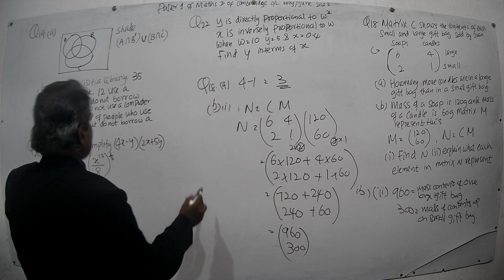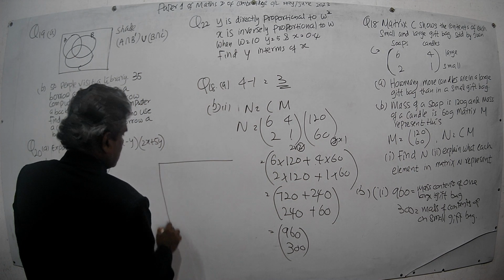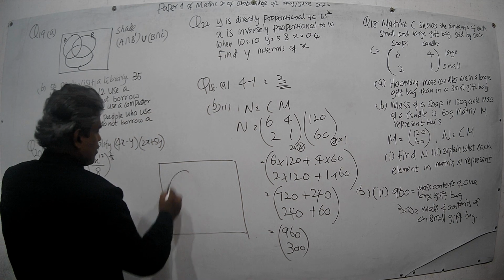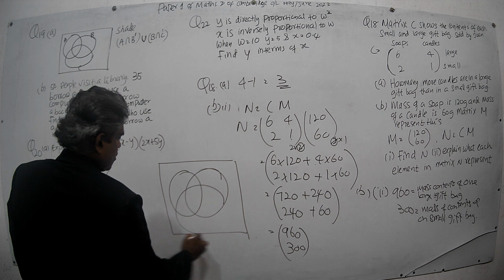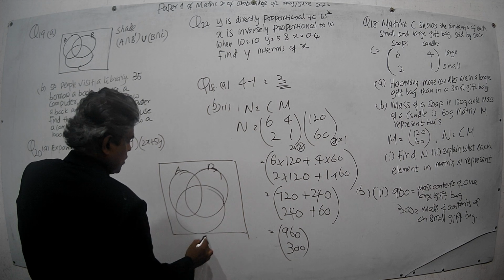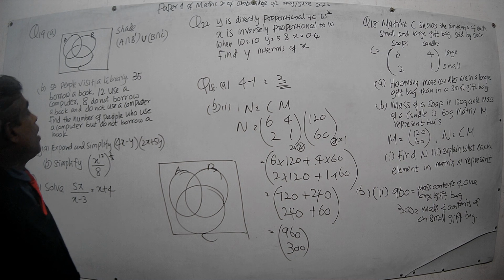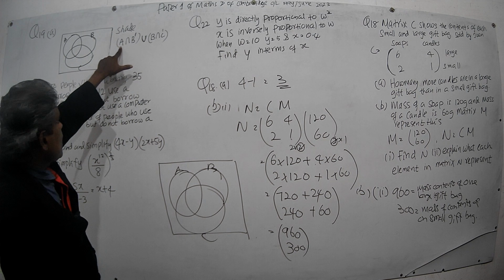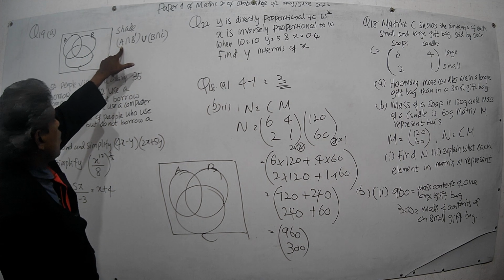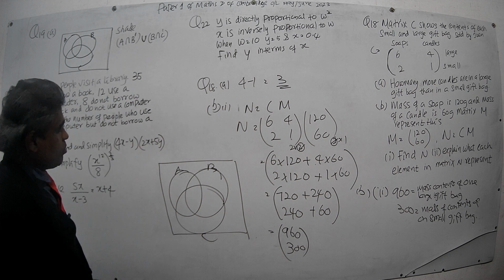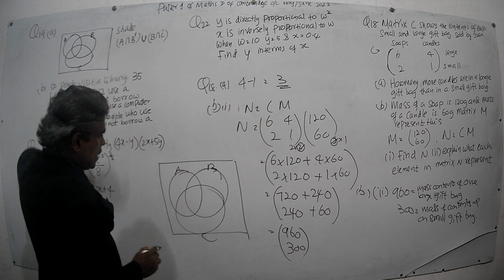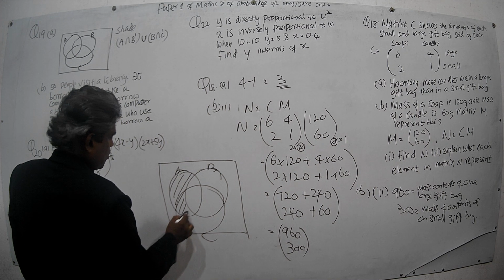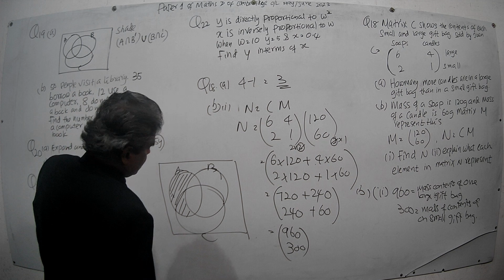Then if I draw here A, B, C. Then A intersection B dash means that is common for A and not common for B. That means only A, this part, compared to B. Only A means this, all this.